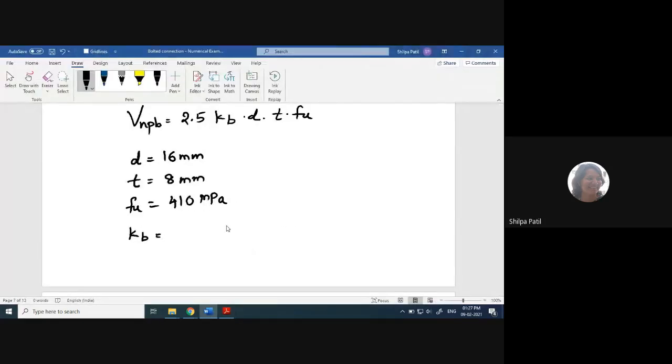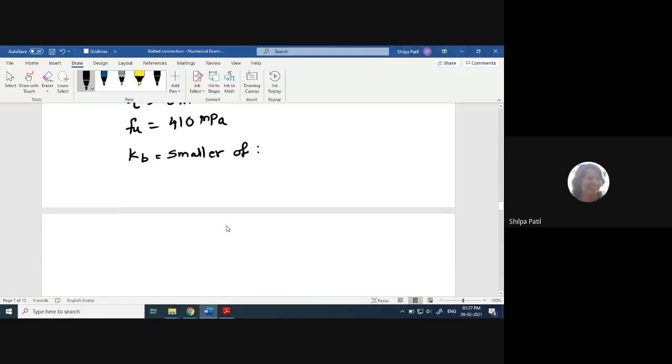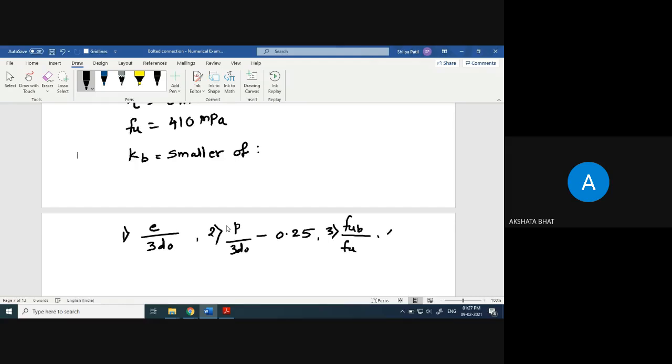Kb is the smaller of: first, e by 3d naught; second, p by 3d naught minus 0.25; third, fub upon fu; and 1.